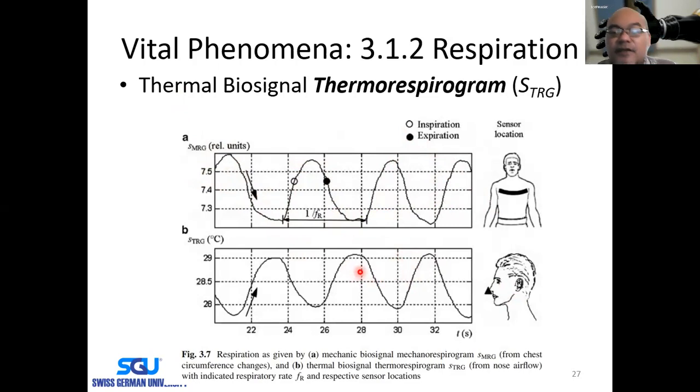When it captures the breathing, the air coming out from the nose of course raises the temperature because it brings the body temperature from inside. That's why the temperature slightly increases. From there we can indicate the respiratory rate, FR. And the sensor is located just in front of the nose.